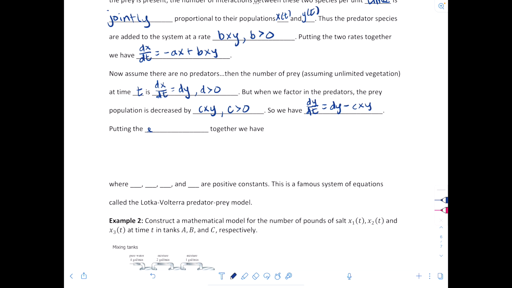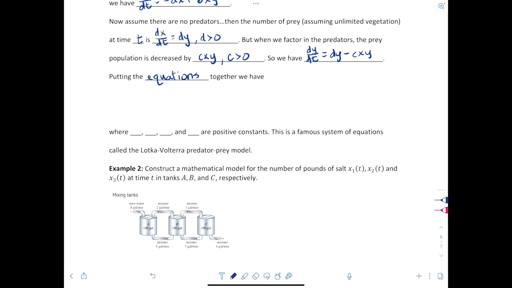So if we put these equations together, we have dx/dt is equal to negative ax plus b times x times y.